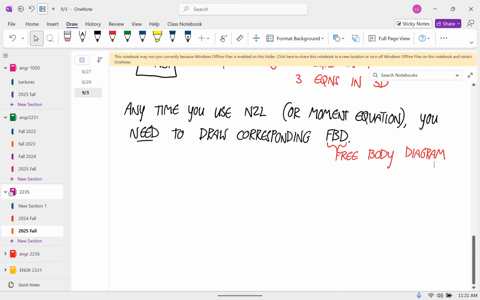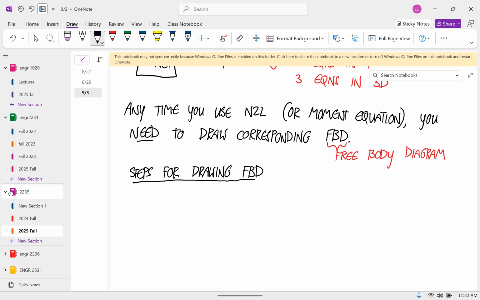Okay, so here are the steps for drawing a free body diagram. So first, draw a closed outline of the chosen body.